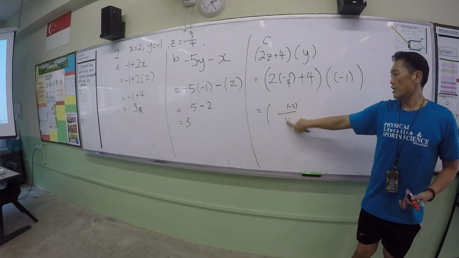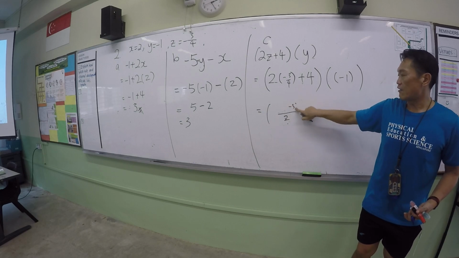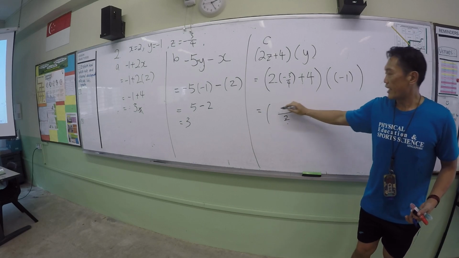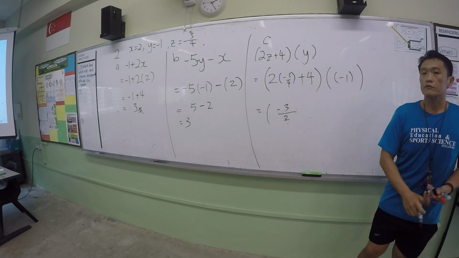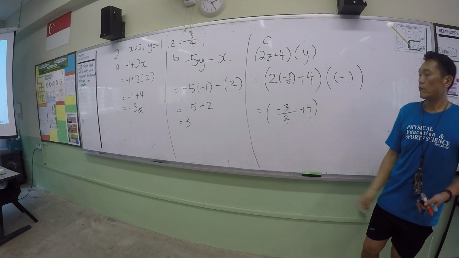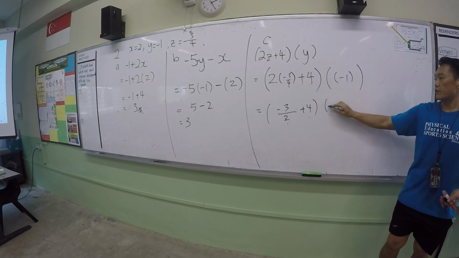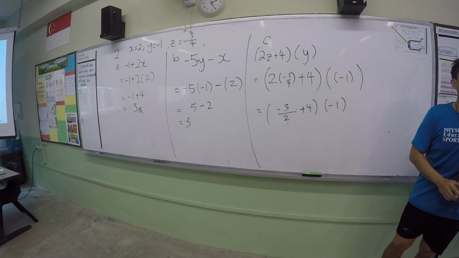Become 1. Here become 2. So you will have the result as -3/2 plus 4. Then you open up this bracket, left with -1.